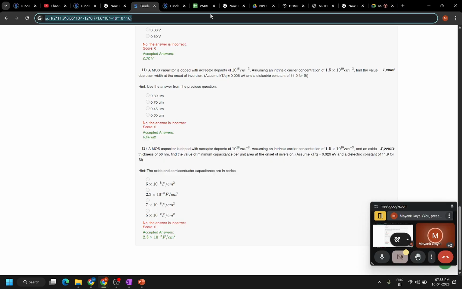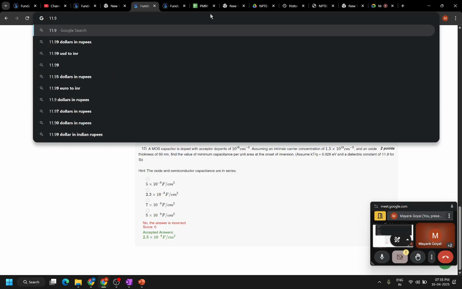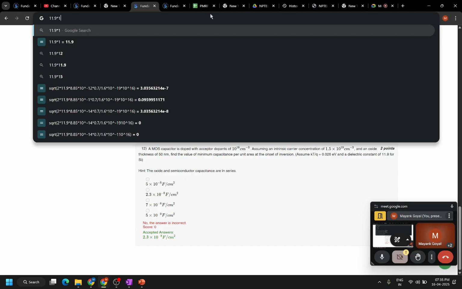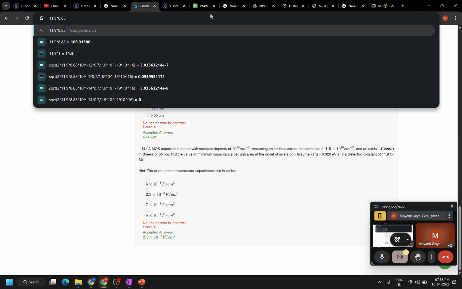So it will be 11.9 into 8.854 into 10 power minus 12.